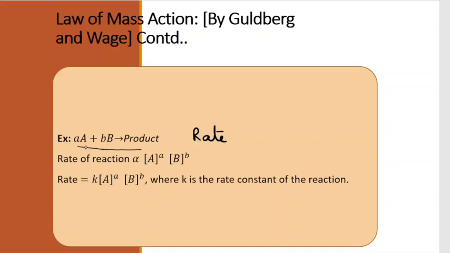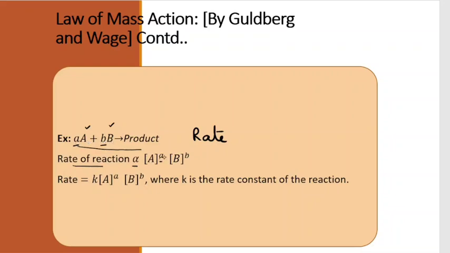Here, there are coefficients small a and small b for the reactants capital A and capital B. Now, the rate of reaction is directly proportional to the active mass of A and B raised to the power of their stoichiometric coefficients. The coefficient of A is small a, so [A] is raised to a.